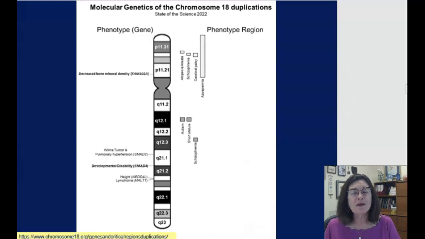There are many fewer people with small duplications of chromosome 18, making it harder to identify small regions. Also, mouse models and other techniques that we use to understand deletions are much more problematic to give us the kinds of information we need on duplications. So in general, it's a much harder nut to crack, but we're working on it.